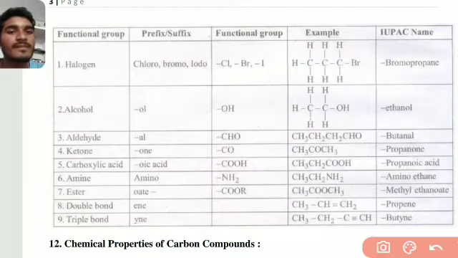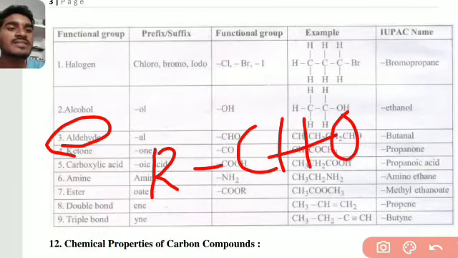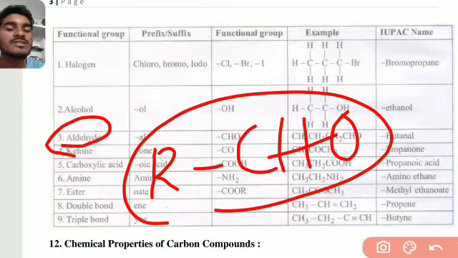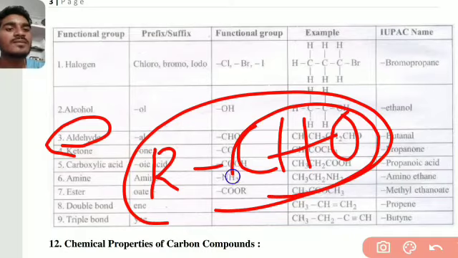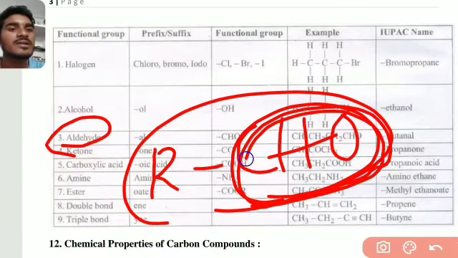Next we see the aldehydes. This is the example: in the place of R, we put a CH3 group. This is acetaldehyde. So this is an aldehyde, where al is the suffix, and aldehyde is the functional group.